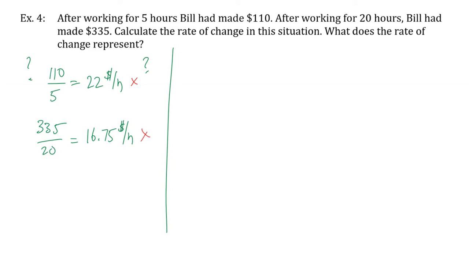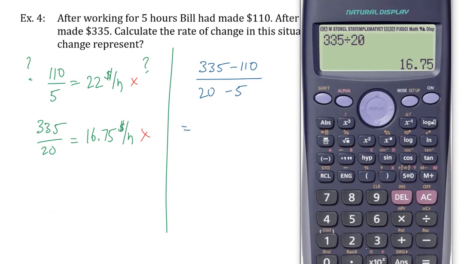Well, hold on. Let's do it this way. 335 minus 110 over 20 minus 5. 335 minus 110 is 225.